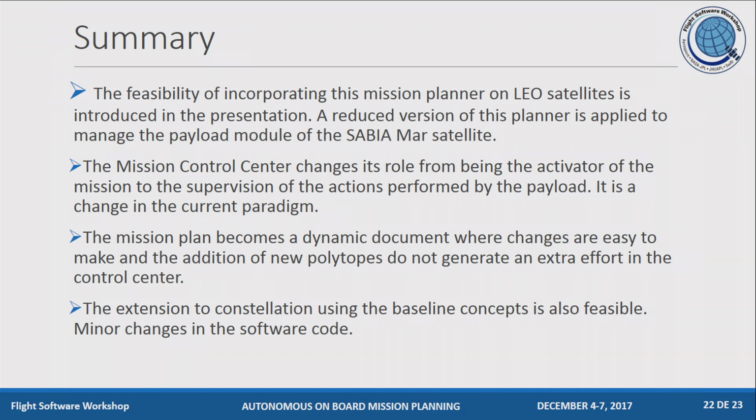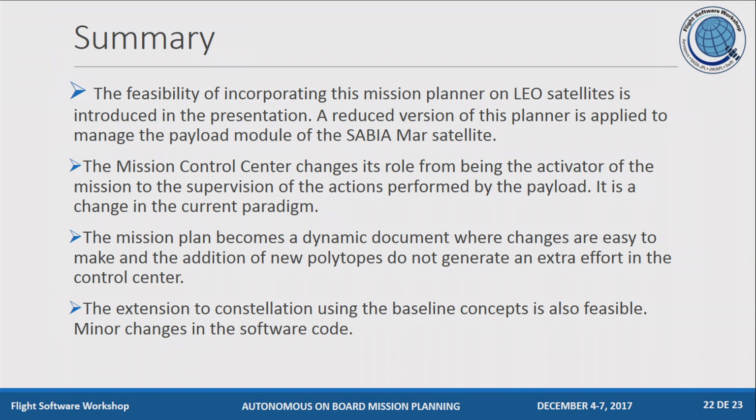To conclude, the mission center changed its role from being the activator of the mission to just supervising the actions of the onboard planner. And then the mission plan became like a dynamic document where changes are easy to make, and the addition of new polytopes should not generate an extra effort in the control center.